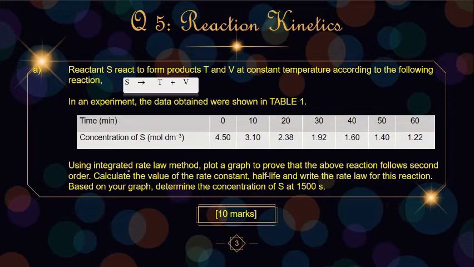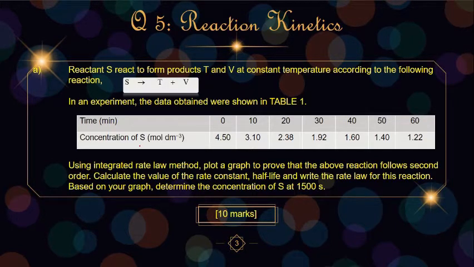So using integrated rate law method, plot a graph to prove that the above reaction follows second order. Calculate the value of the rate constant, half-life, and write the rate law for this reaction. Based on your graph, determine the concentration of S at 1500 seconds. So your given here is 10 marks.